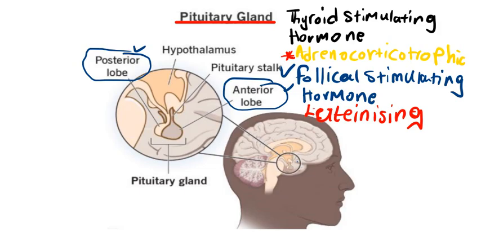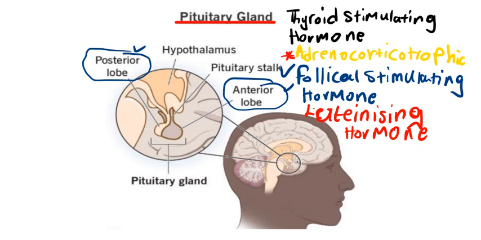And then we have the follicle stimulating hormone. It stimulates the formation of follicles in the ovaries. Now we also have what we call the luteinizing hormone. This luteinizing hormone's function is to stimulate or to cause ovulation and the formation of the corpus luteum.